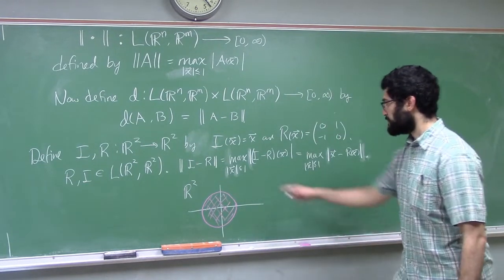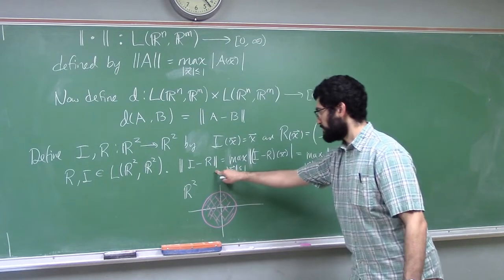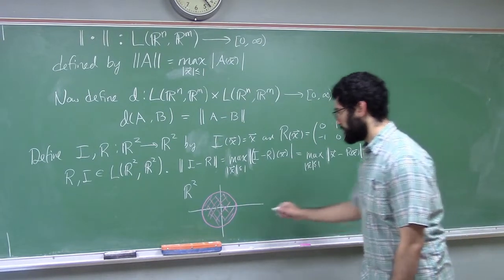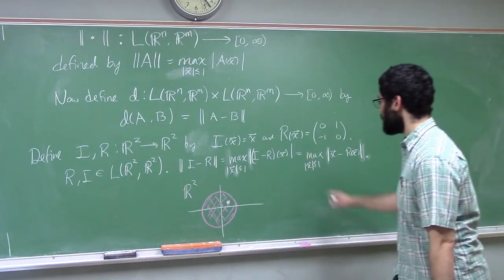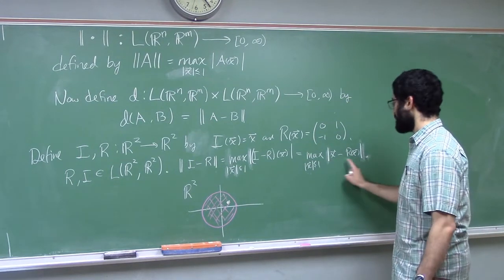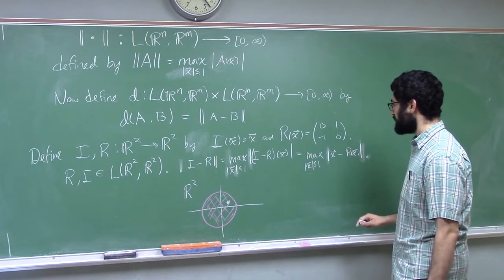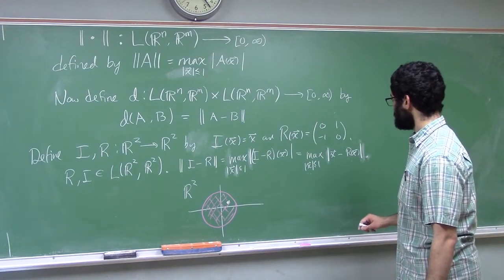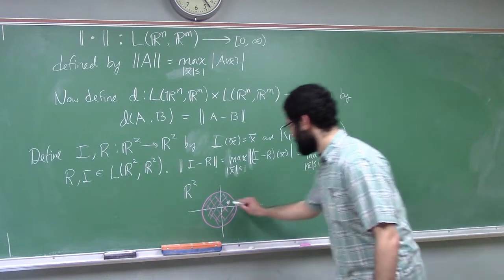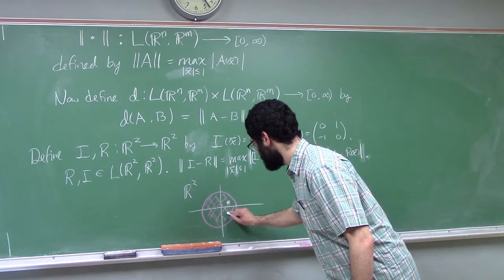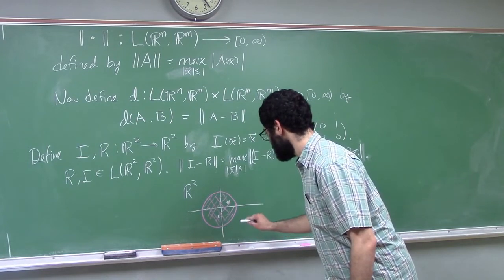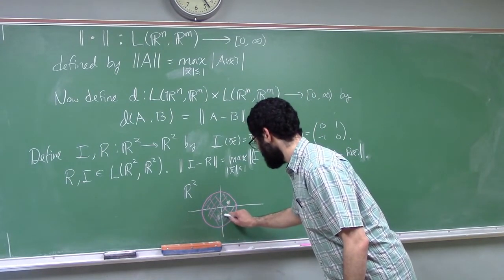And what I'm doing when I talk about this real number, the distance between I and R, is I'm saying, look at all the vectors in the unit ball. So let me show you an example. This is an x in the unit ball. And look at the distance between Ix, which is x, and Rx, which is x rotated by 90 degrees. Rotated that way by 90 degrees. So it would get rotated like that. Is that how a 90-degree rotation works? No. Get rotated like that.